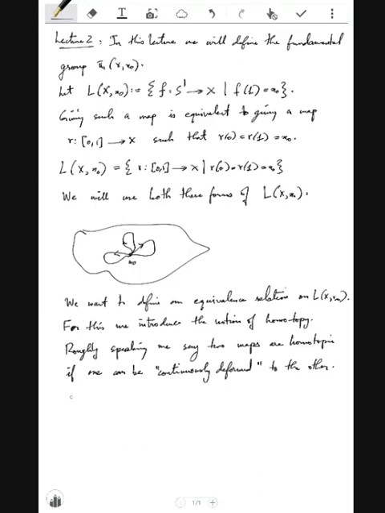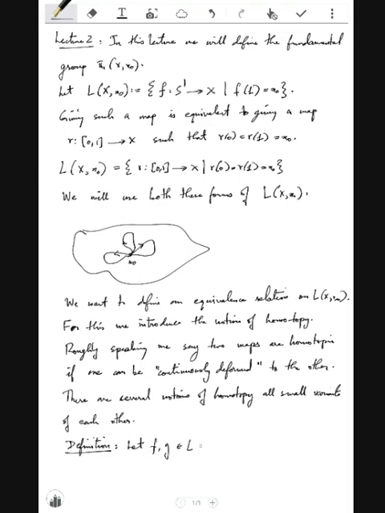So there are several notions of homotopy, all small variants of each other. So the definition of homotopy which we need in this section is as follows.